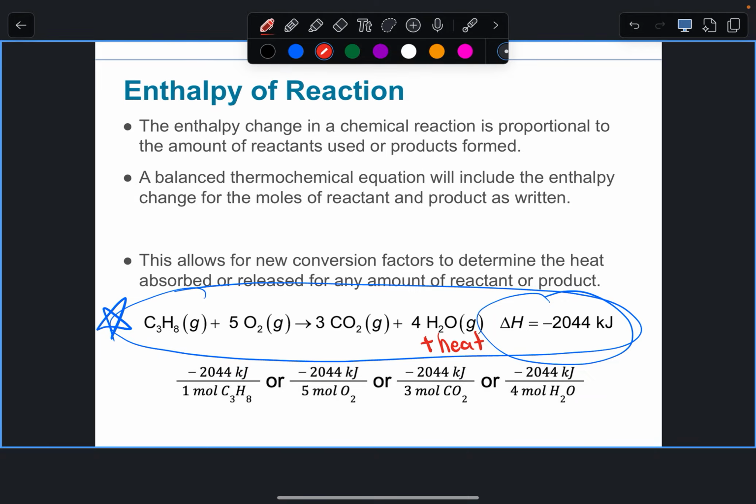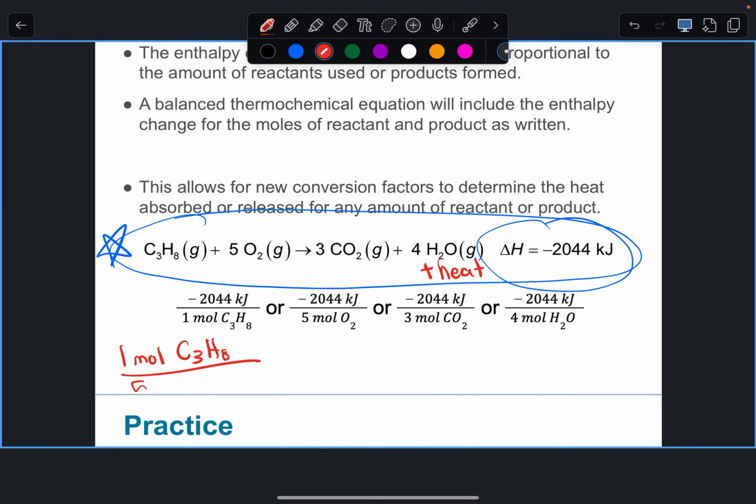So just like we would have 1 mole of propane for every 5 moles of O2, it's very similar to that, we're going to write it like this for the amount of heat. For every 1 mole of propane, you release that amount of heat. So for 2 moles of propane, you're going to release twice as much heat. You're going to release 4,088 kilojoules.